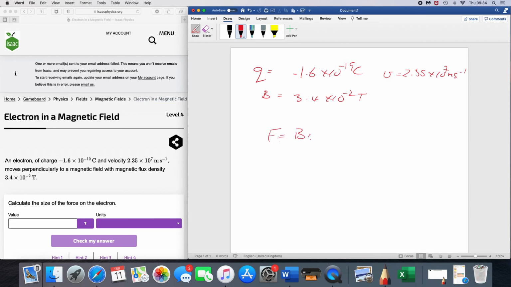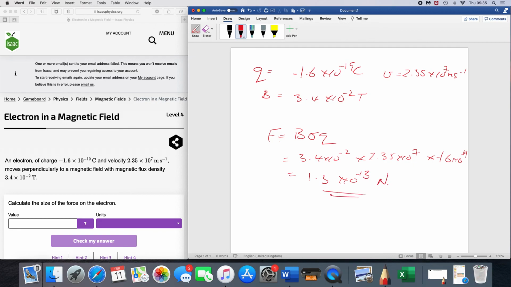Well, that's BVQ, of course. And we've got 3.4 times 10 to the minus 2 times V, which is 2.35 times 10 to the 7 times Q, 1.6 times 10 to the minus 19. And if we do all that, we'll get 1.3 times 10 to the minus 13 newtons.